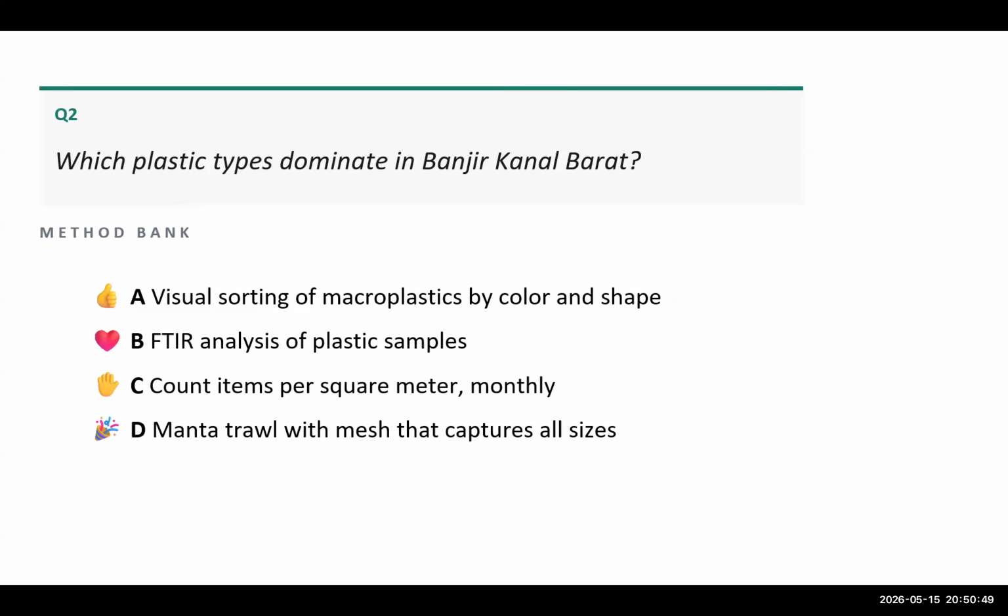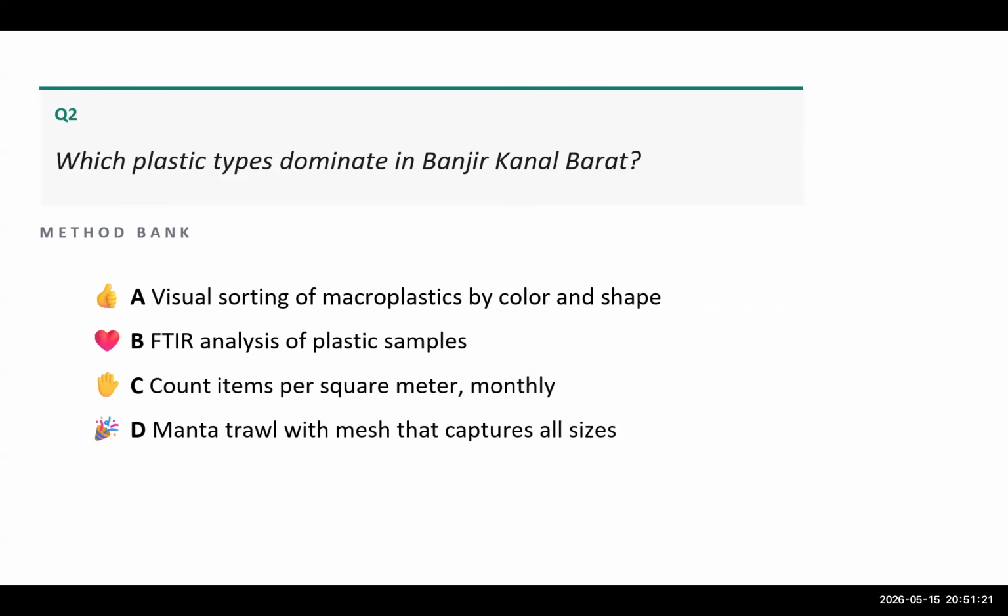Which plastic types dominate in Banjir Canal Barat? We have 4 options. One is visual sorting of microplastics by color or shape. Option B, FTIR analysis of plastic samples. FTIR is to detect the plastic polymer. Option C is to count items per square meter every month.